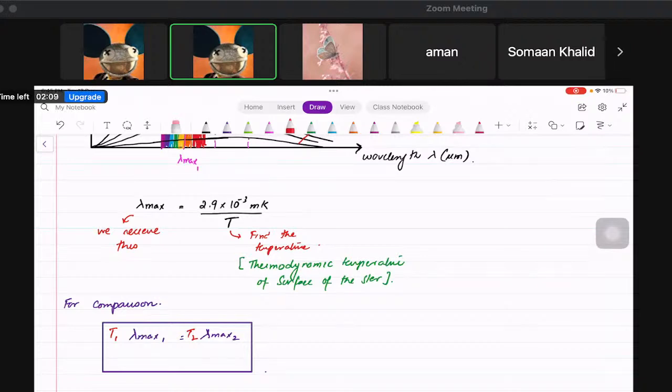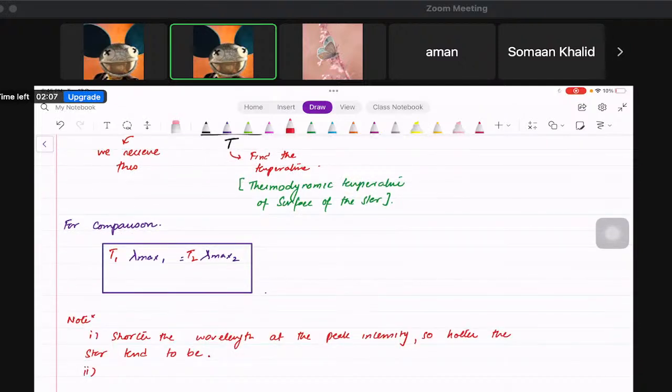Usually, hotter stars are white or blue in color, whereas cooler stars are red or yellow, like our sun. Okay.